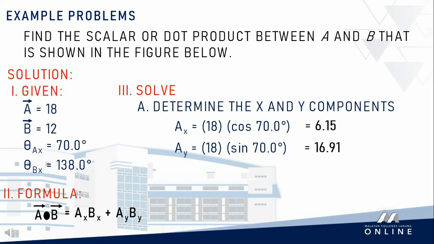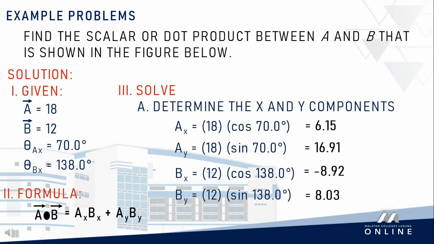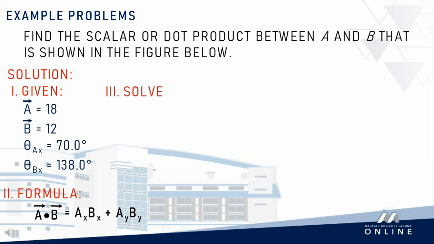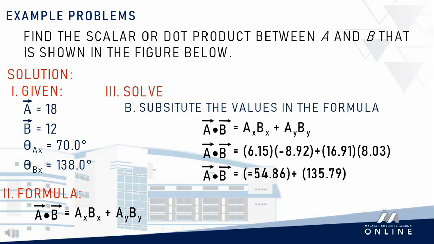How about for vector B? What are its x and y components? That is correct. B_x is equal to negative 8.92, while B_y is 8.03. Now that we have the components, we will substitute the given values as follows. Solving this, we will have 80.93 as our scalar product.